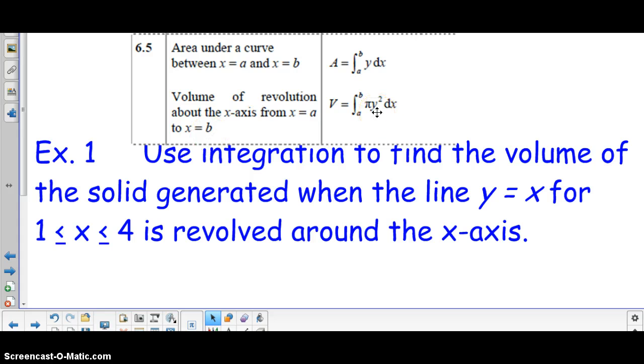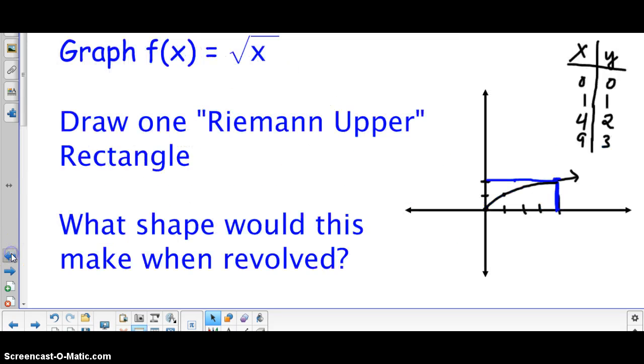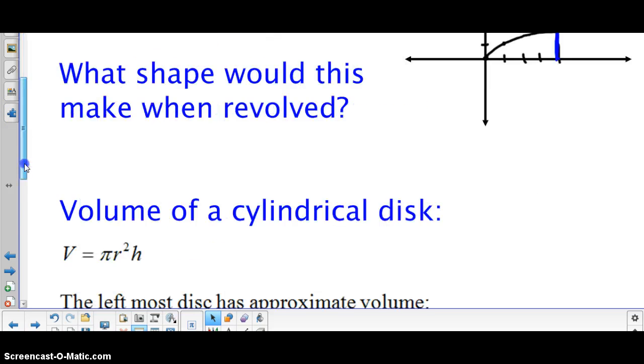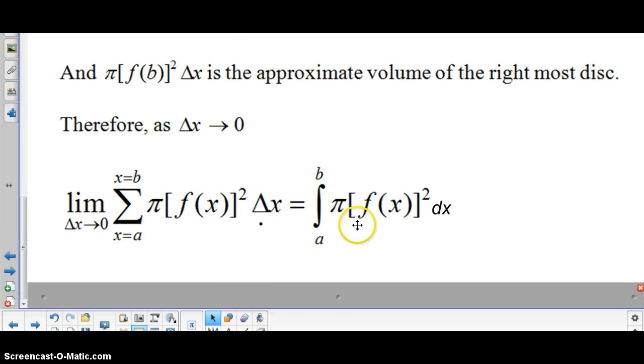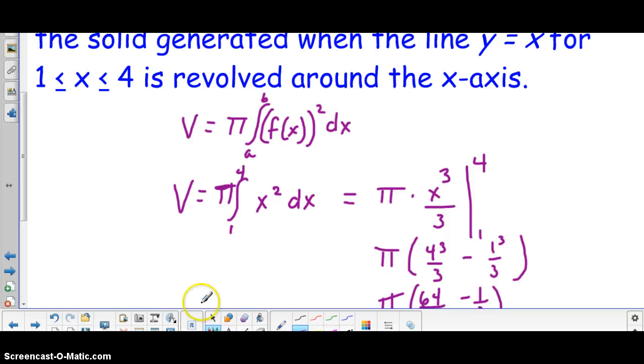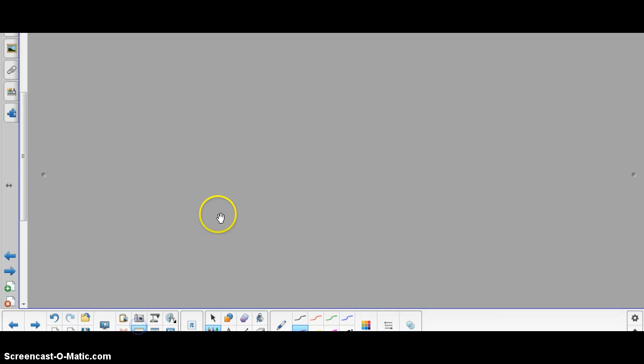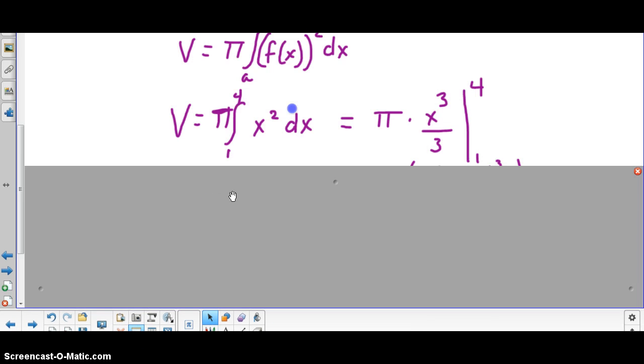So they go ahead and write the y value here squared: the integral from a to b of pi y squared dx. But notice how our book writes it, and how you'll be learning to use it, will be plugging in our values to find our y. So let's see how this applies, and I'm going to go ahead and hide my work here.